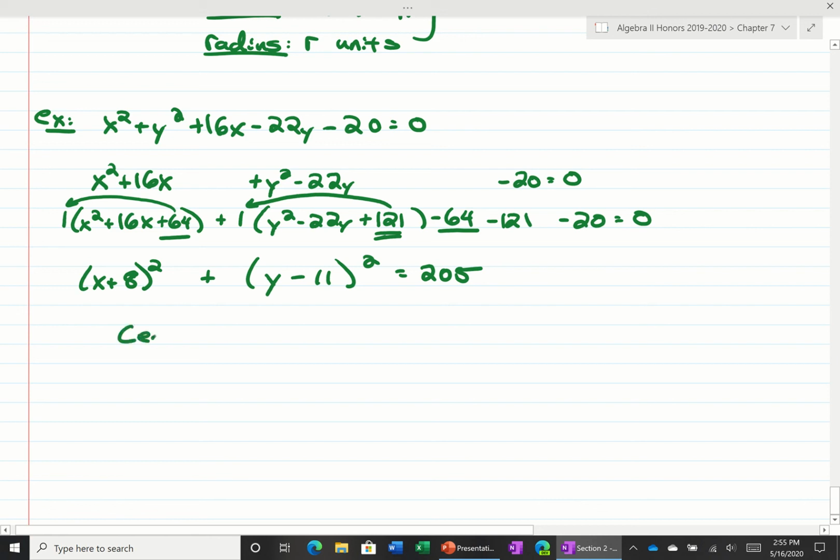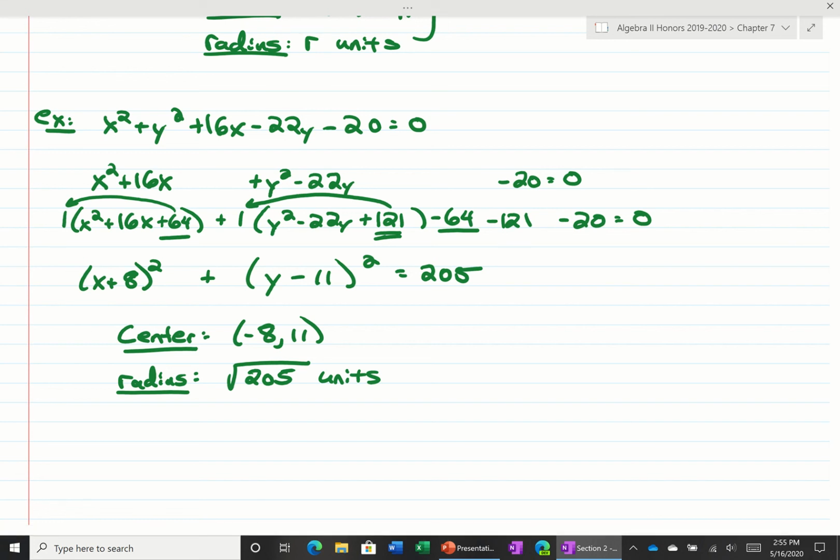And our center would now be negative 8 comma 11, and our radius would be the square root of 205 units. So just make sure you always simplify if you can. If you try to break up 205, you'll get 5 and 41. 41 isn't going to break up anymore.